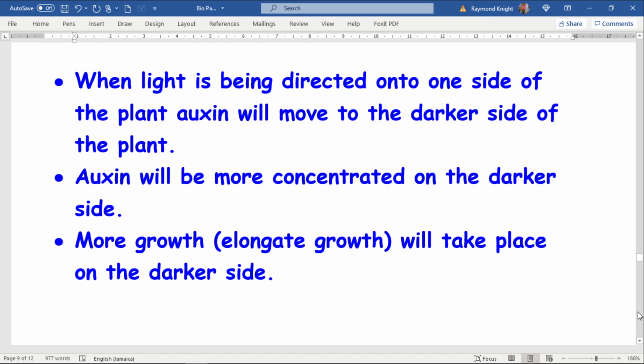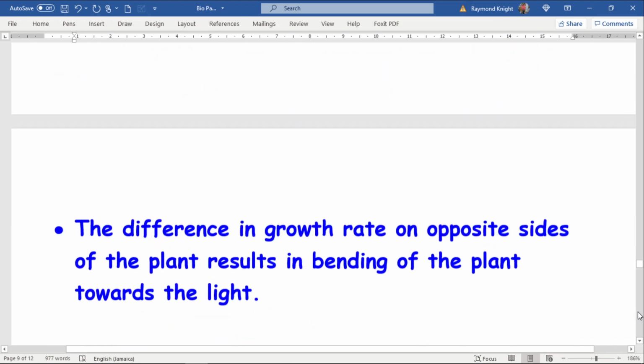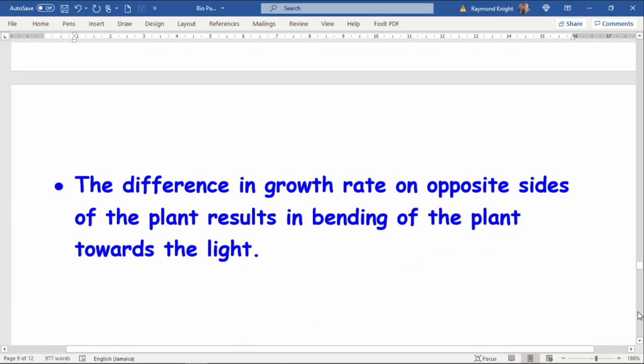And because auxin is responsible for growth, you have more growth taking place, specifically elongation growth, on the darker side. This will cause the plant to bend towards the light. So the difference in growth rate on opposite sides of the plant results in bending of the plant towards the light.